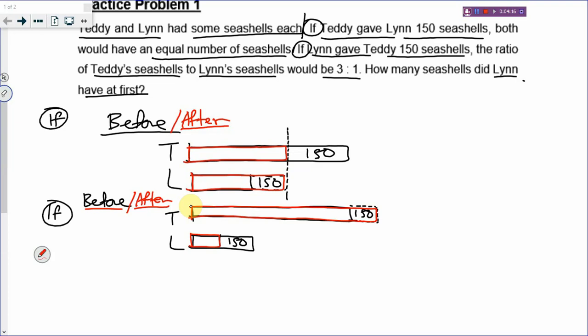Getting a bit clearer. So where are you now? You are until here. After Lynn gave Teddy 150, the ratio of Teddy to Lynn is 3 units to 1, or 3:1. When you draw a model that you think is a bit hard to draw, you should keep the inside of the rectangle clean.